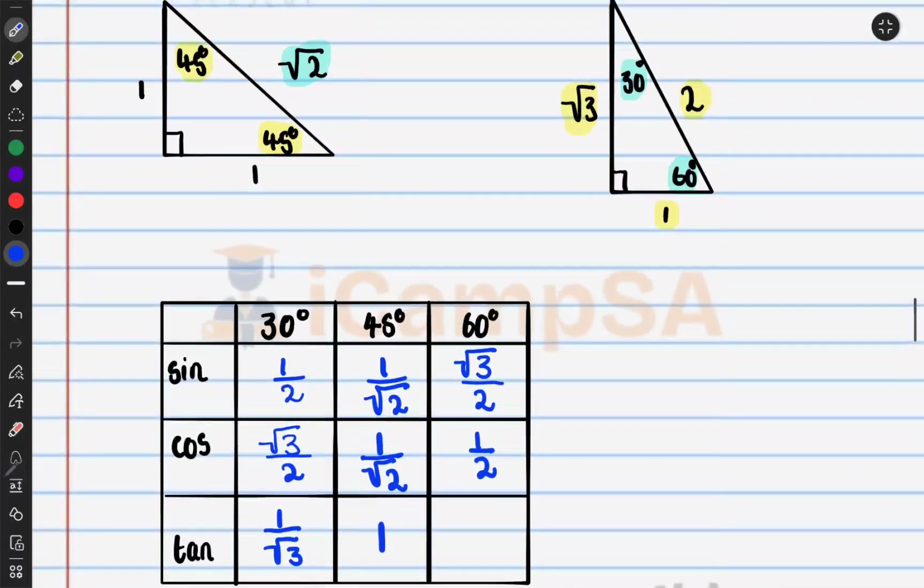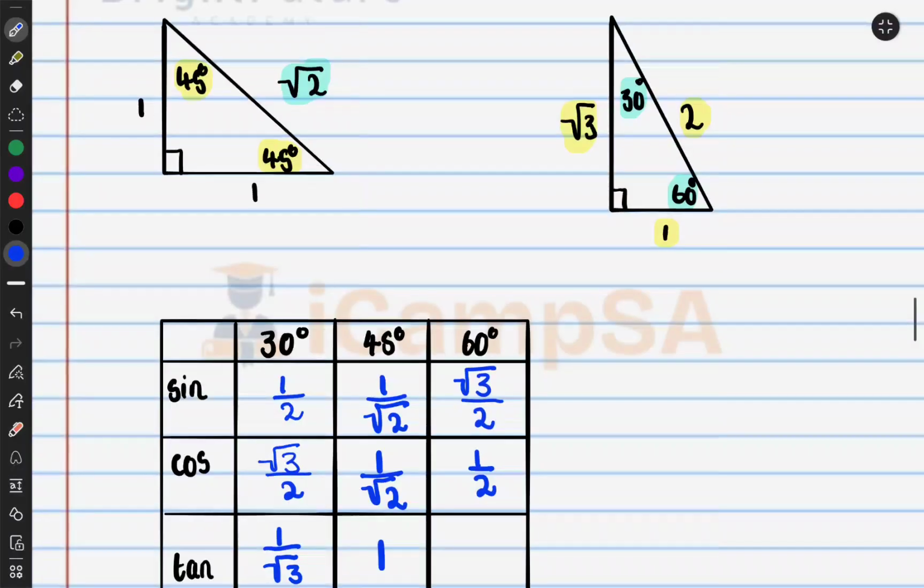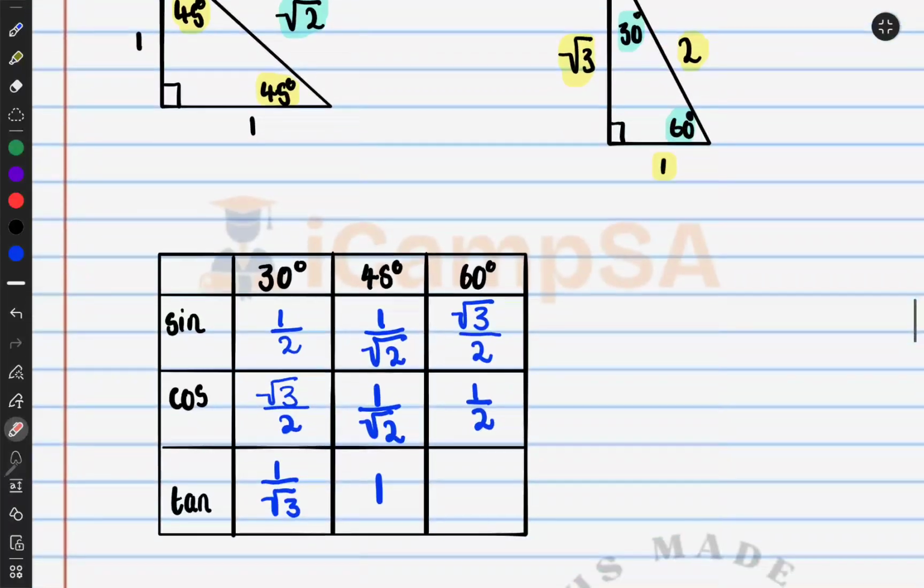And then next we have tan of 60 degrees, opposite side over adjacent side. So it's root 3 over 1. Therefore it's just going to be root 3.